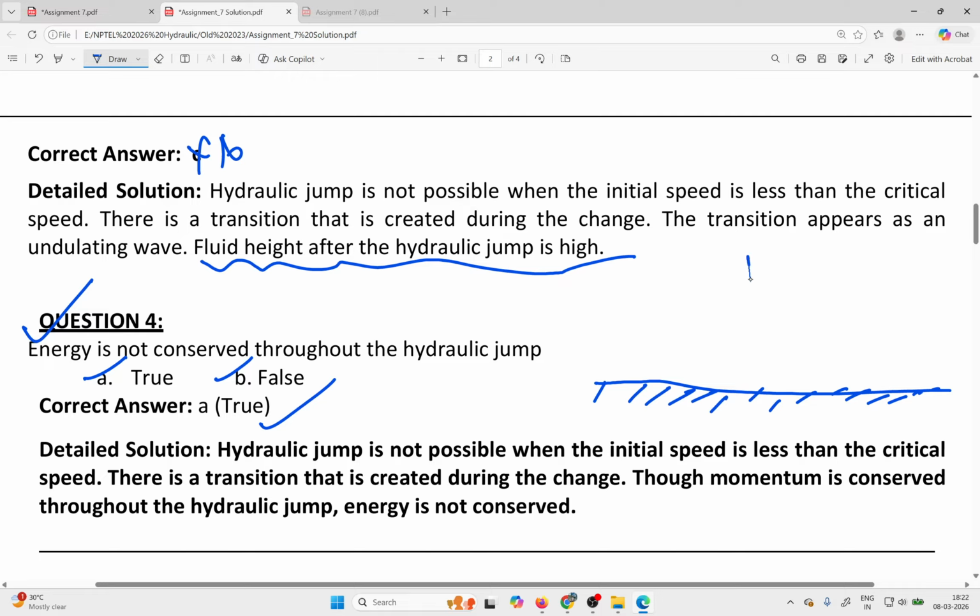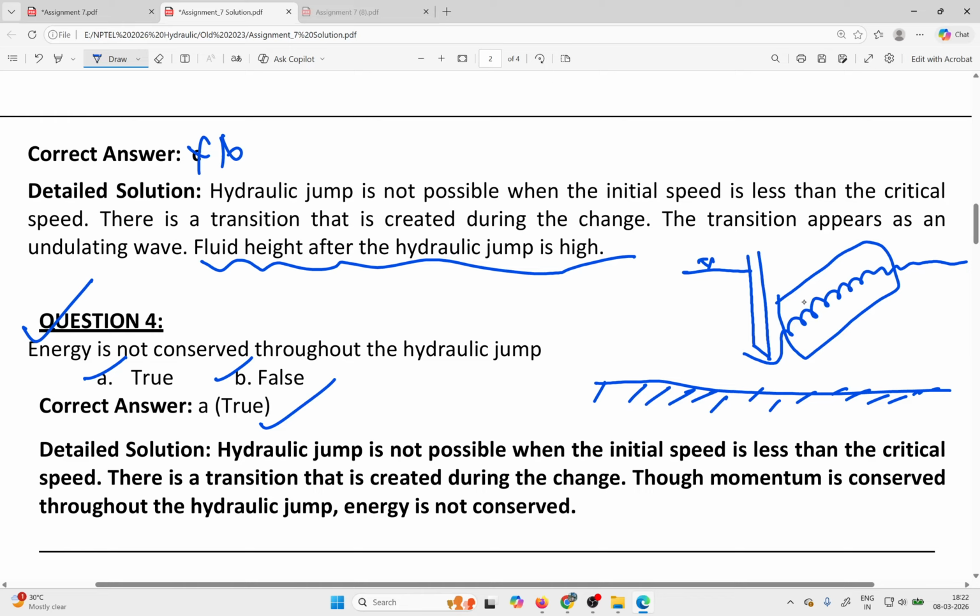Let us assume here you have the gate. The water depth and the fluid is going like that. So what happens? At this location your energy is lost in the form of the jump.